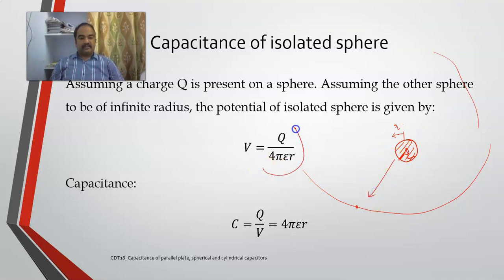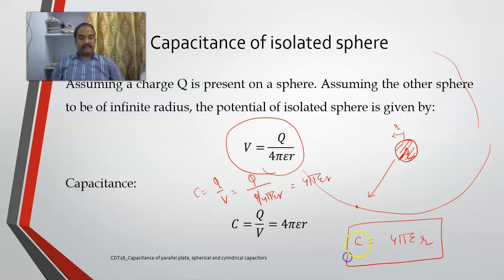It is given by V is equal to Q by 4 pi epsilon r, right? So what is C here? C is equal to Q by V, which is Q divided by Q by 4 pi epsilon r. So C is equal to 4 pi epsilon r. This is the capacitance of this particular isolated sphere when the other sphere is at infinite radius.